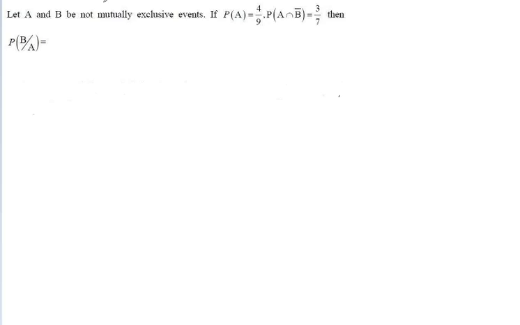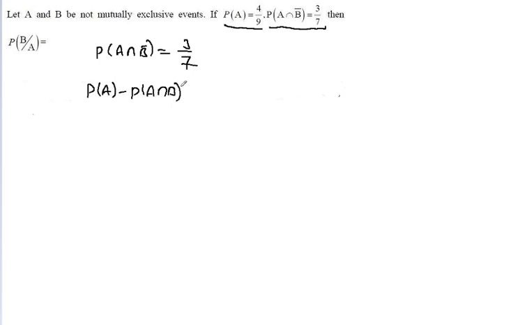If A and B are not mutually exclusive events and P of A is equal to 4 by 9, P of A intersection B bar is equal to 3 by 7, then find the value of P of B by A. We know that P of A intersection B bar is P of A minus P of A intersection B, that is equal to 3 by 7.